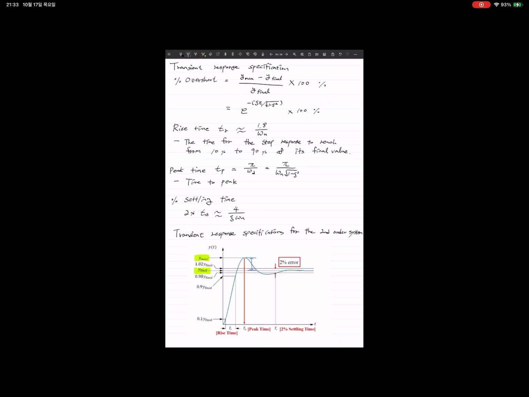The percentage of this amount will be the percent overshoot, and the rise time is the time for the step response to reach from 10% to 90% of its final value, and peak time is time to peak, right? 2% settling time is the time required for an output to reach and remain within 2% of its steady state value.